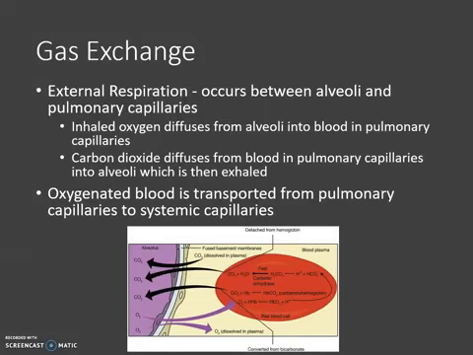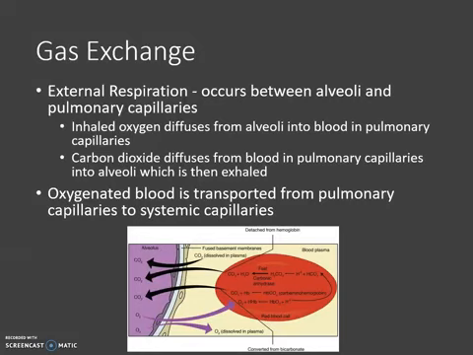So external respiration occurs when there is gas exchange between the alveoli and the capillaries surrounding the alveoli, which are called the pulmonary capillaries. All right, so during inhalation, air enters the lungs, and during external respiration, that air diffuses from the alveolus into the pulmonary capillaries.